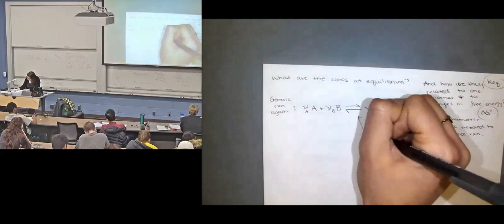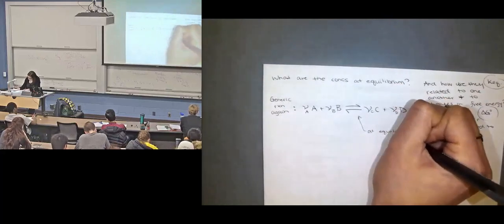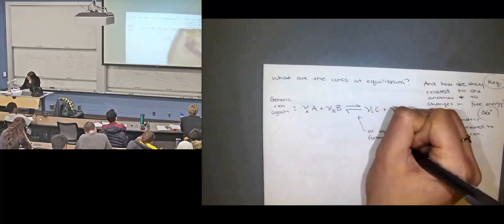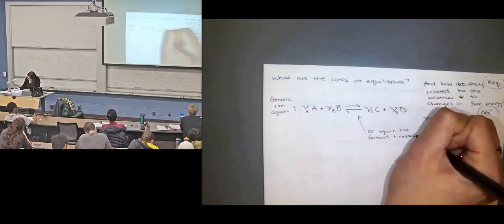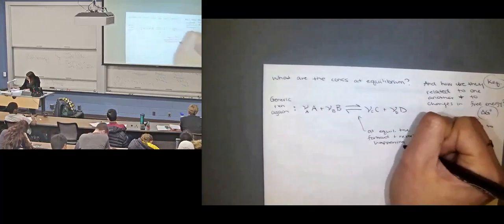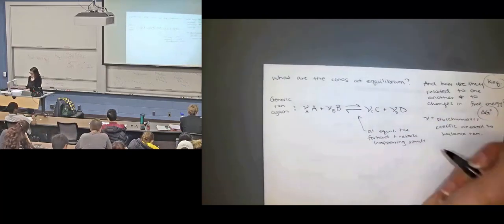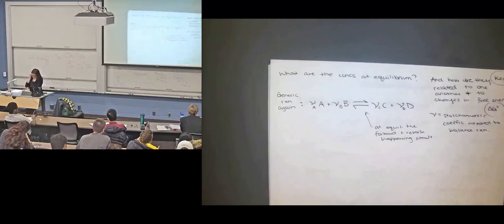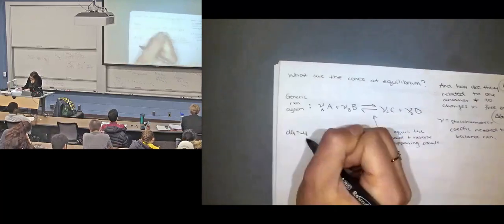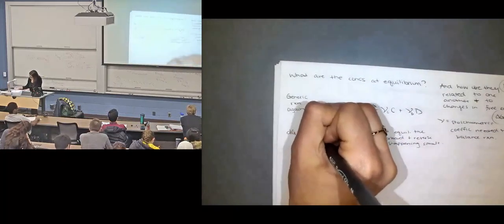And at equilibrium, the forward and reverse reactions are both happening. So recall that free energy change, dG, is equal to chemical potential times the change in the number of moles.